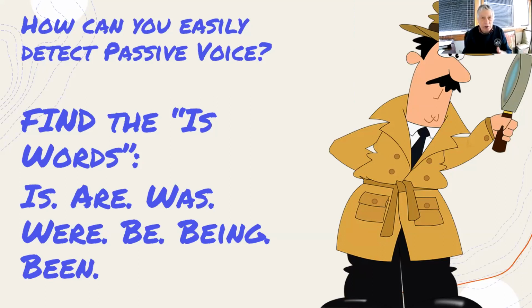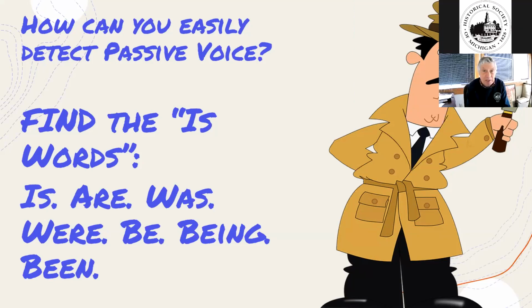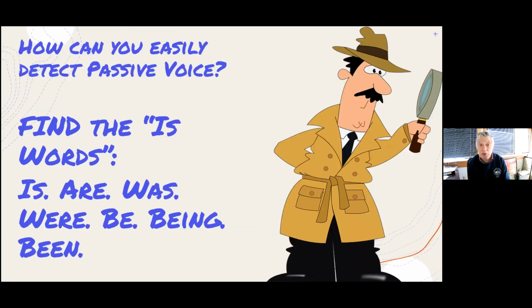All right, now, how do you detect passive voice? If you're writing or you're reading somebody else's writing, how do you know if it's passive? How do you know if it's active? Well, there's a really easy way, and I call it finding the is words. So what are the is words? Well, is words are is, are, was, were, be, being, been. Those are the is words.